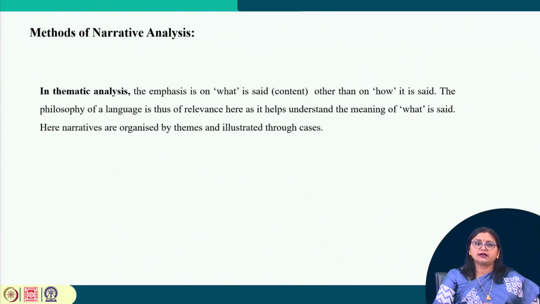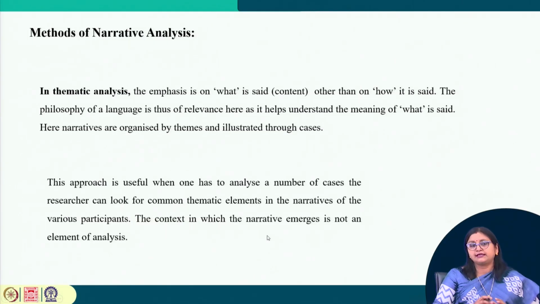The first one is thematic analysis. This thematic analysis emphasizes what is said in the content rather than how it is said. So, thematic analysis is focused on what is mentioned by the respondent. The philosophy of language is thus of relevance here. It helps understand the meaning of what is said. Here narratives are organized by the themes and illustrated through the cases.